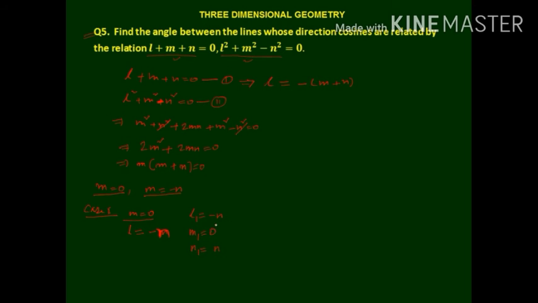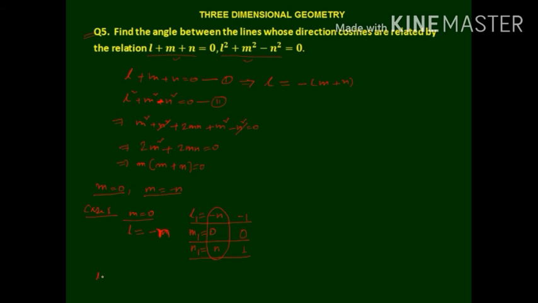Because direction ratios are proportional to each other for a given line, instead of considering these as the direction ratios for the first line, we consider the reduced numbers when I take N common. I am left with minus 1 for this, 0 for this, and 1 for this. That means I'll consider L1 as minus 1, M1 as 0, N1 as 1.